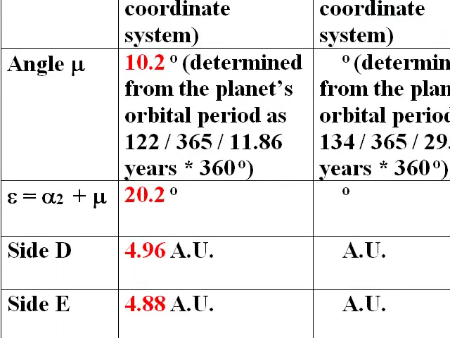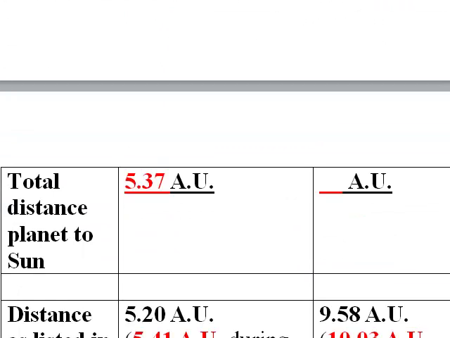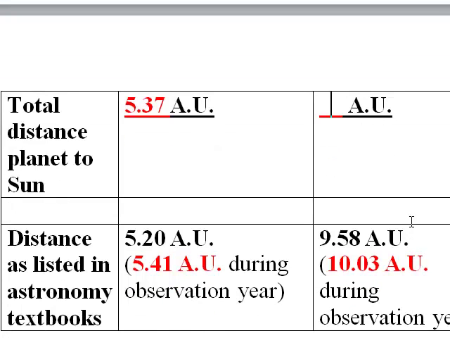And when you go through the calculations, you come up with one number after another. Eventually you're going to come up with the total distance of the planet to the Sun, and then you're going to compare that to the average distance as well as to the distance during the observation year.